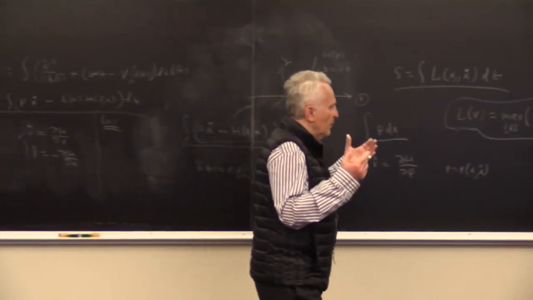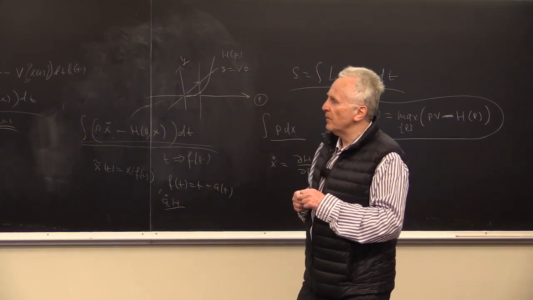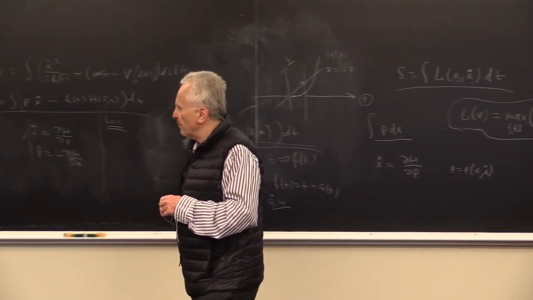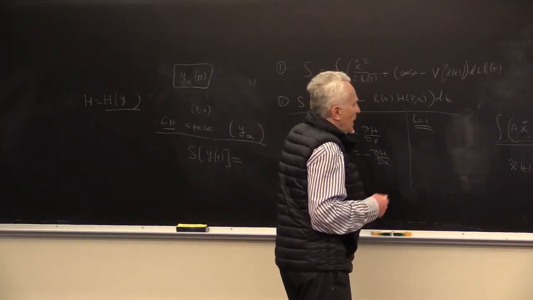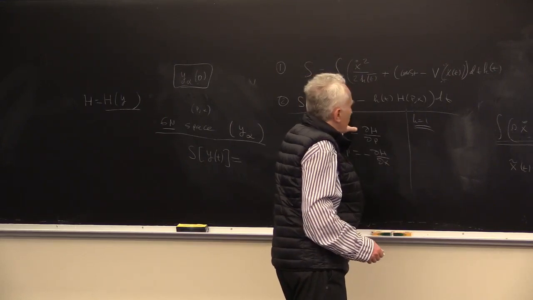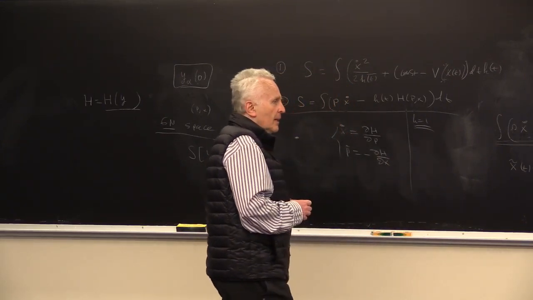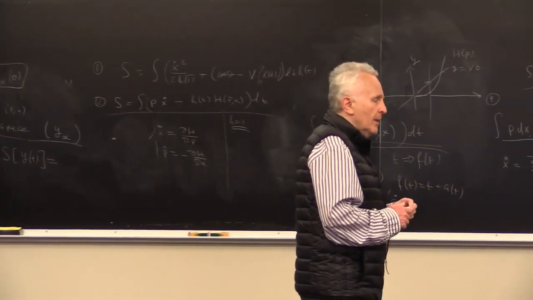So what would be the most general action which generates the first order equation of motion? Any suggestions? Or in other words, let's try to replace in some way this p x dot term.